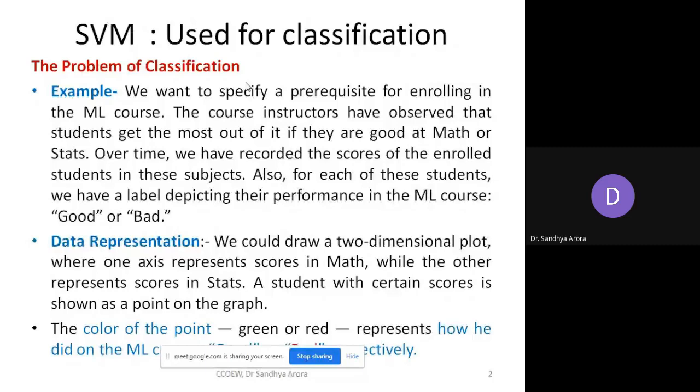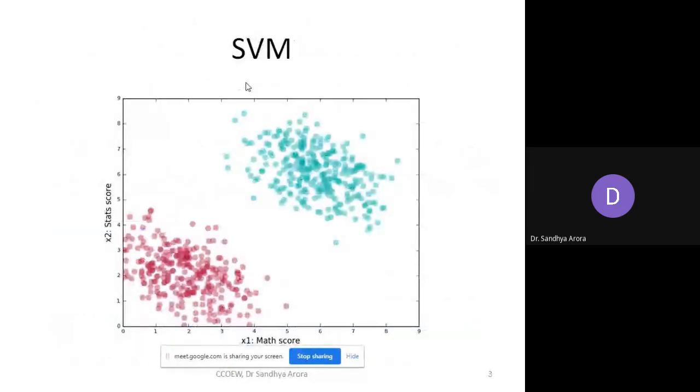So let's say we are taking two subjects, maths and stats, as the ML course prerequisite. How are we representing the data? See, I have plotted this data. The y-axis is the stat score, the x-axis is the math score.